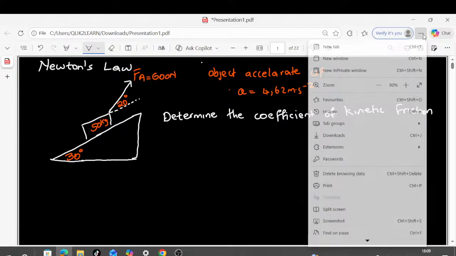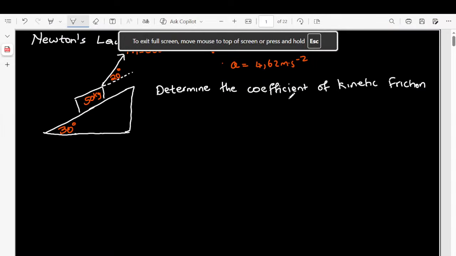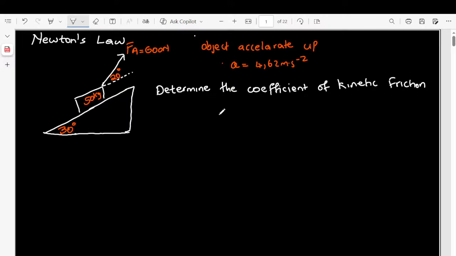This is the question. Everyone can see the diagram. So we're going to go through this problem. This is what we are given: an object on an incline, and they want us to find the coefficient of what? Of kinetic friction, as the object accelerated up. So we need to find the coefficient of kinetic friction.